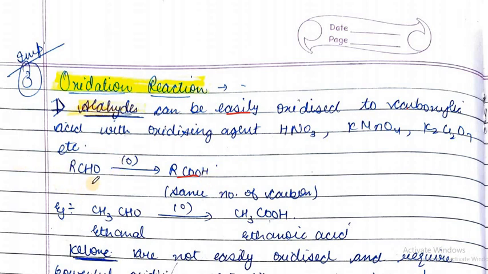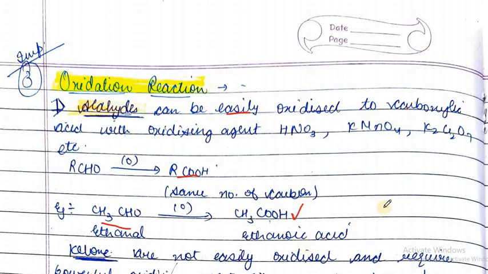The carboxylic acid will have the same number of carbons as present in the starting aldehyde. Example, CH3CHO, that is acetaldehyde, or its IUPAC name is ethanal. When it is oxidized with any of these reagents, we get acetic acid, that is ethanoic acid.